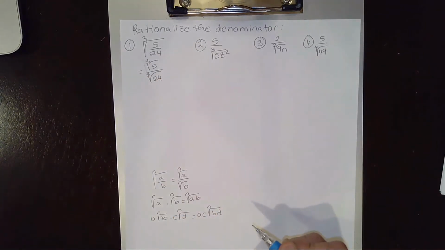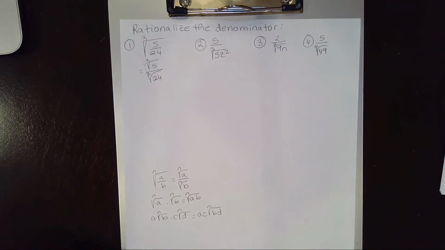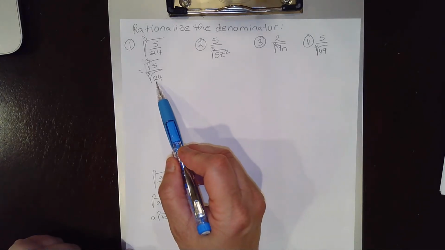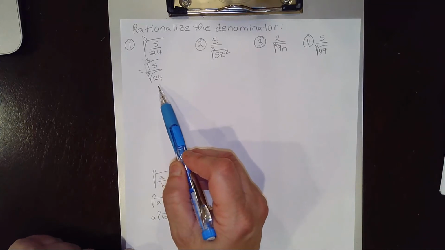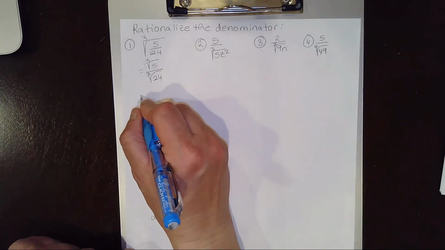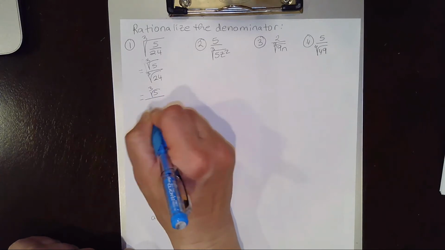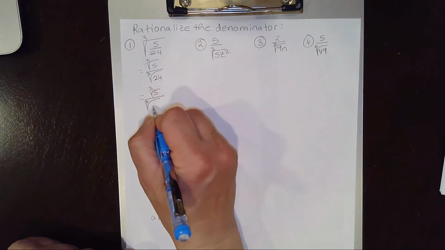Before we rationalize the denominator, we need to simplify first. If you notice, the denominator is 24, which is 8 times 3. Now, the cube root of 8 is equal to 2, so you can simplify it. So that's going to give us cube root of 5 divided by cube root of 8 times 3.